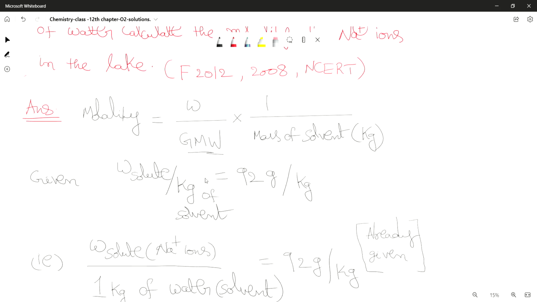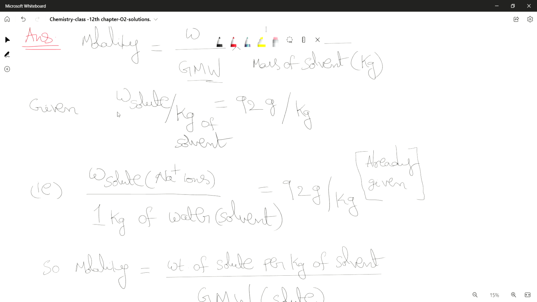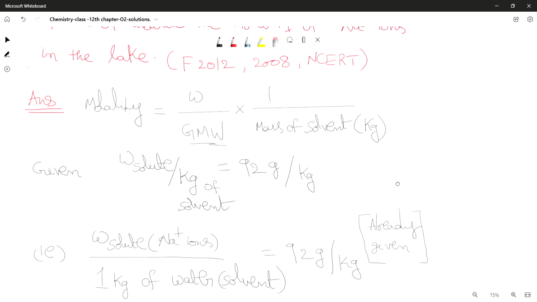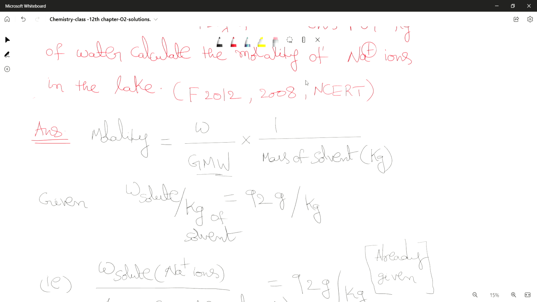And how to do this? For molality, the formula is weight by gram molecular weight into 1 by the mass of the solvent in kg. What is given in the question is the weight of the solute per kg of the solvent, that is 92 gram per kg. They have already given this.